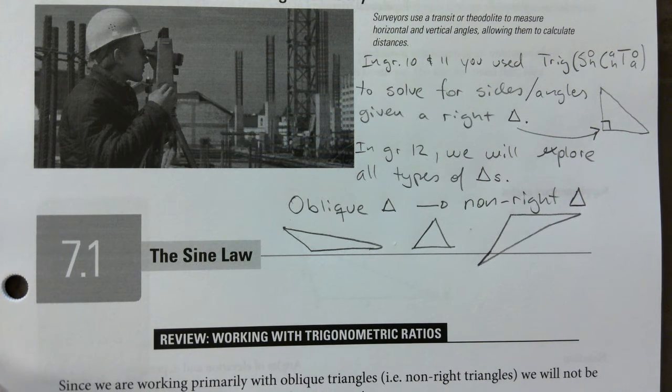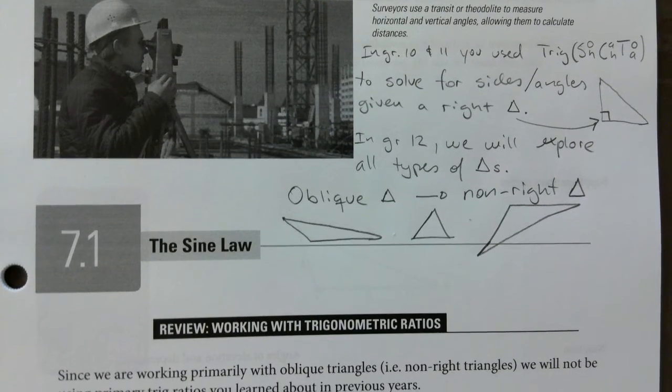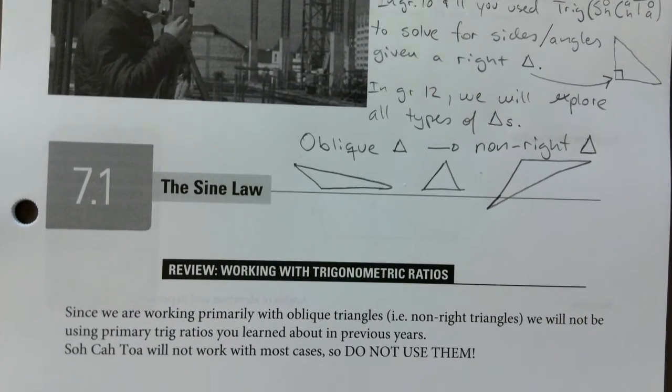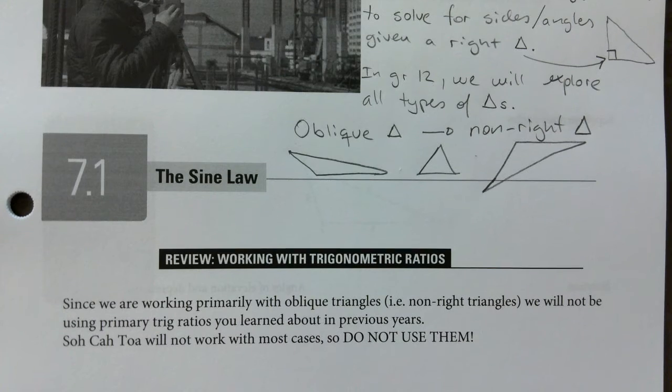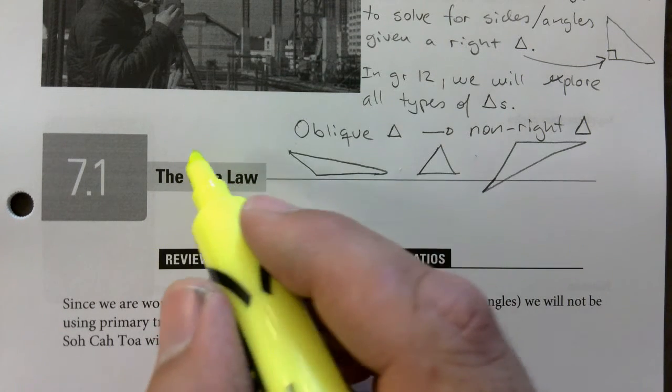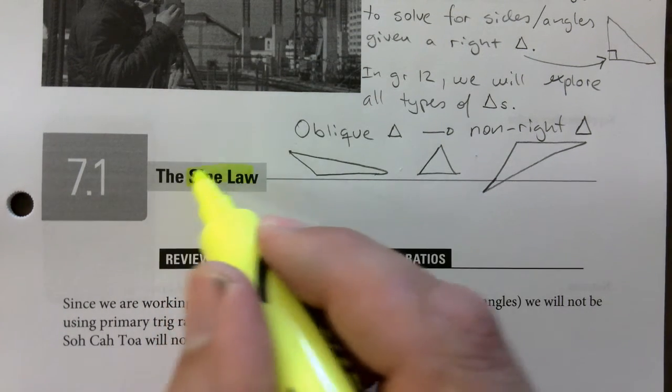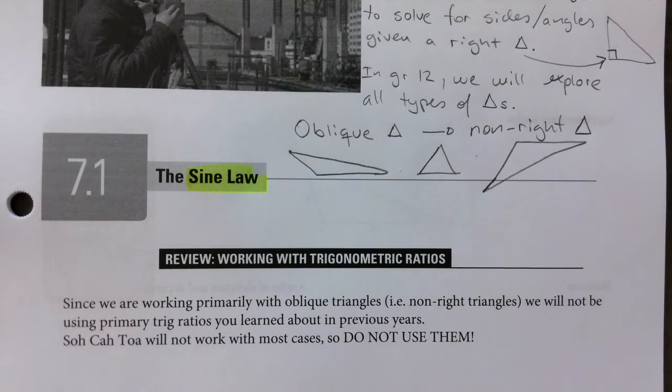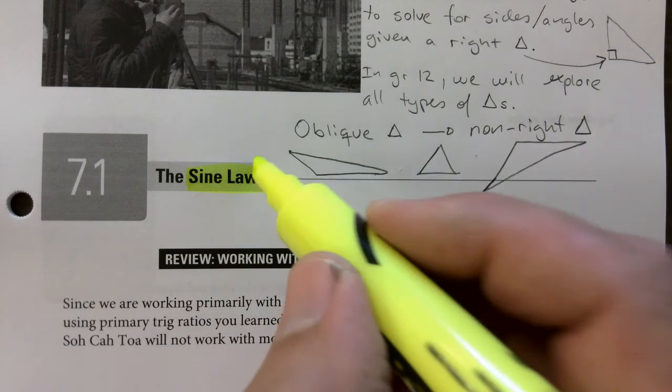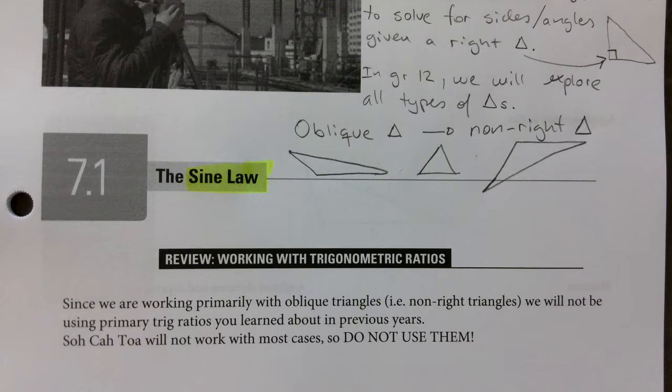If you have a highlighter or something to underline, it'd probably be a good idea. And so the first, this is not your regular trig. We're going to talk about sine law and later on cosine law. And these two work with any type of triangle, okay?